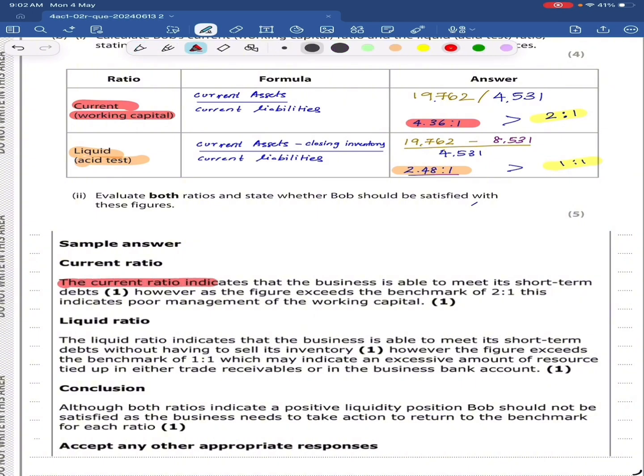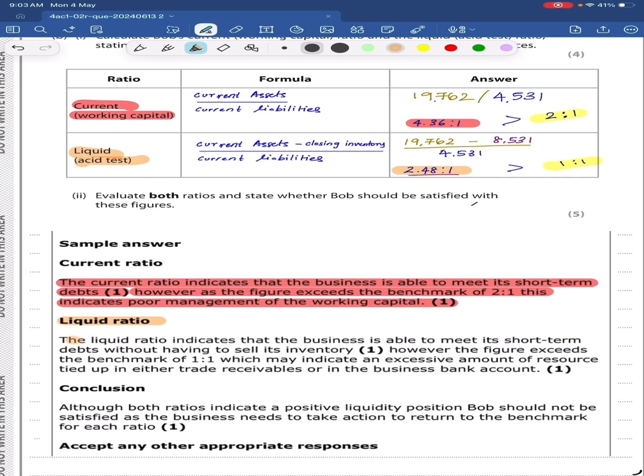The current ratio indicates that the business is able to meet its short-term debts because it's higher than the industry standard. However, as the figure exceeds the benchmark of 2:1, this indicates that there is poor management of working capital. Too much of current assets are tied up within the business, which is underutilized. So there is a however as well.